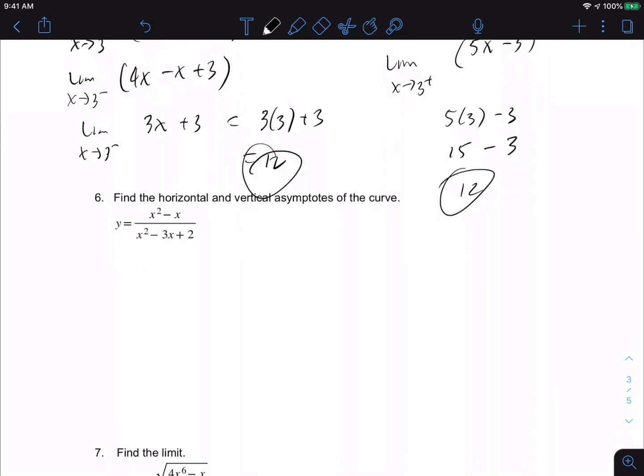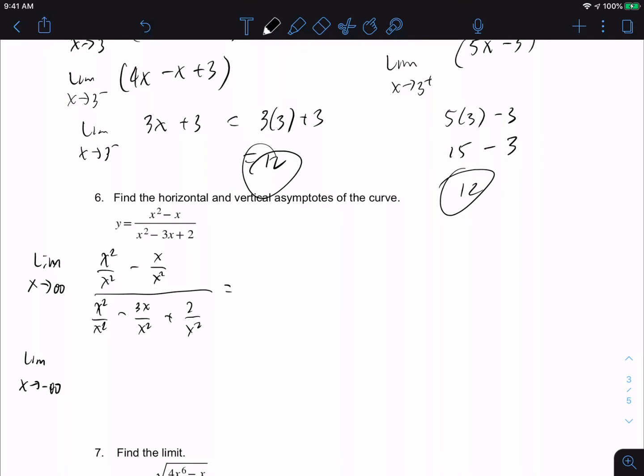Horizontal and vertical asymptotes. I showed you guys how to do that. I put it on the exam. So to find the horizontals, x is going to go to infinity, and we need to show x going to negative infinity. So I'm just going to do it the lazy way. I'm going to go x squared divided by x squared minus x divided by x squared over x squared minus 3 over x squared plus 2 over x squared.